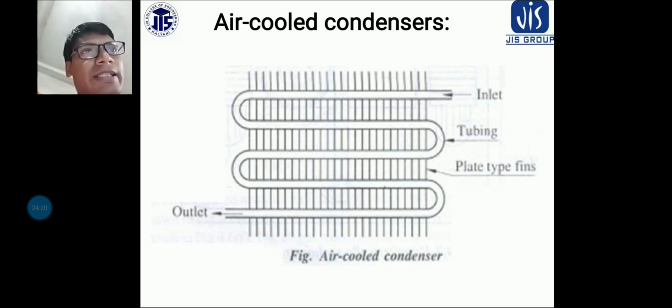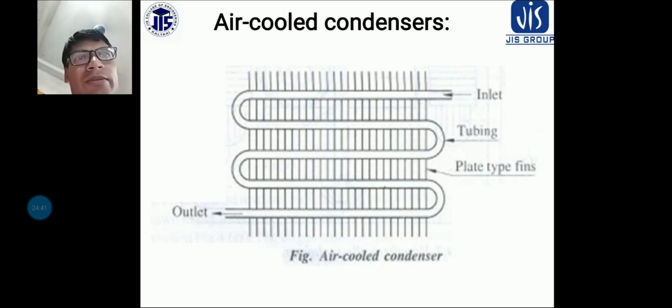The comparatively poor heat transfer efficiency of an air cooled condenser is to some extent offset by maintaining a higher temperature difference between the refrigerant and air. Okay, so this is the function.